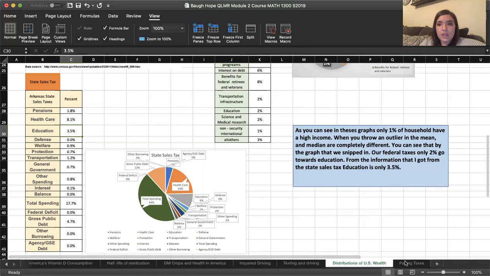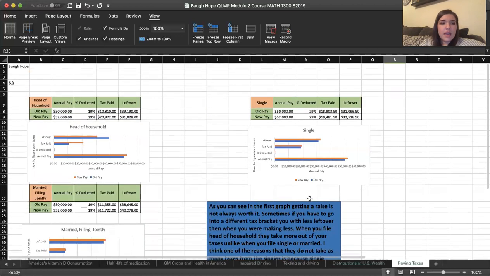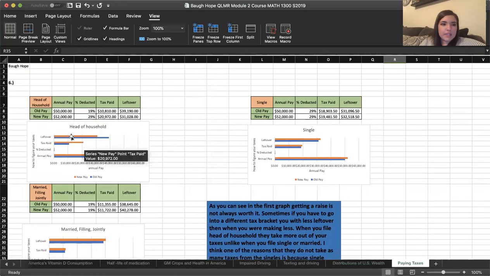So then on to the next. This is our last slide, and this is talking about the raise, of how the taxes affect the different, how you file them. So we have head of household, single, married filing jointly.